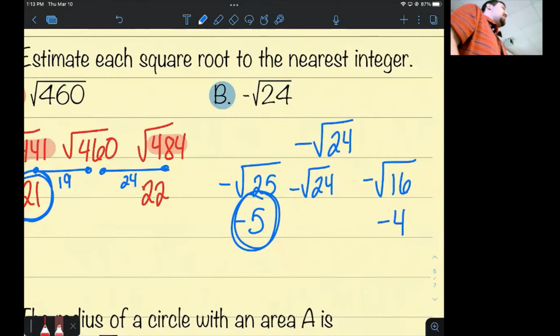Now, if I were rounding it to the nearest tenth and I needed the whole number and one more decimal place, what would my whole number be? Forget the decimal place. What would my whole number be? Is this going to be negative 5 point something or negative 4 point something? Lucy?